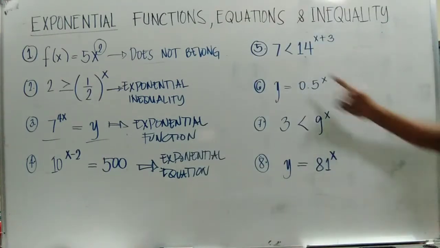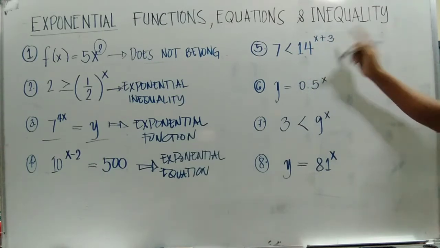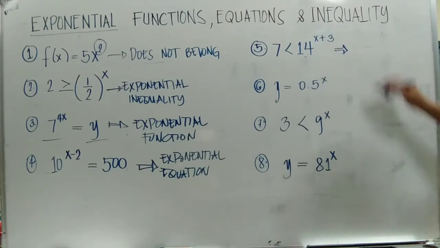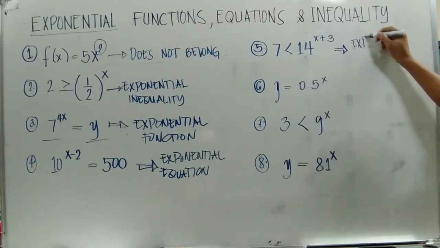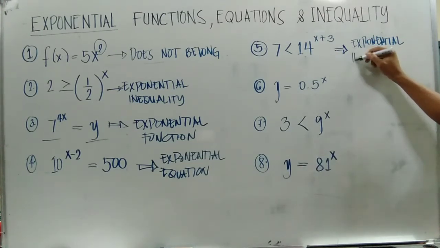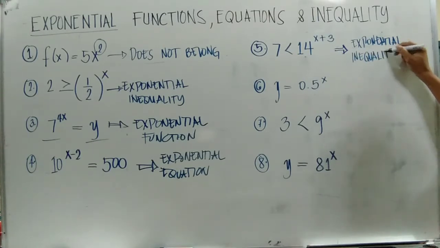Now let's proceed to number 5. 7 is less than 14 raised to x plus 3. So this one is an exponential inequality. Okay?